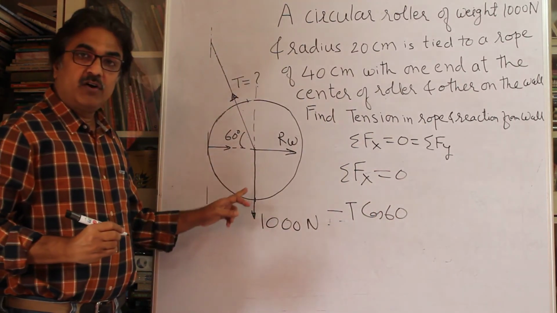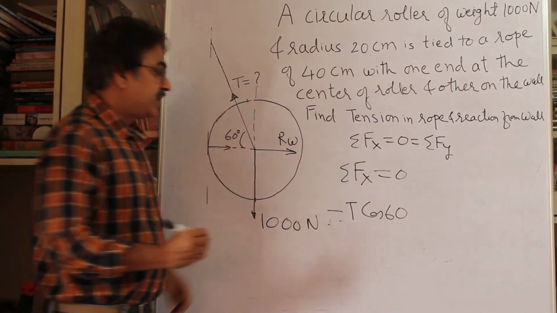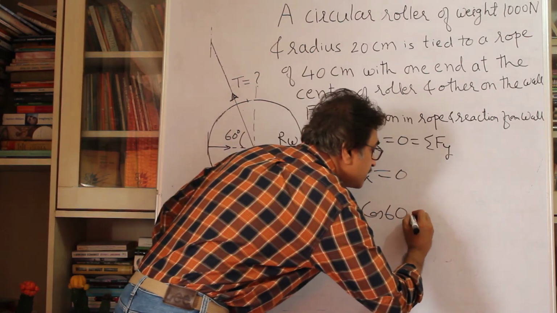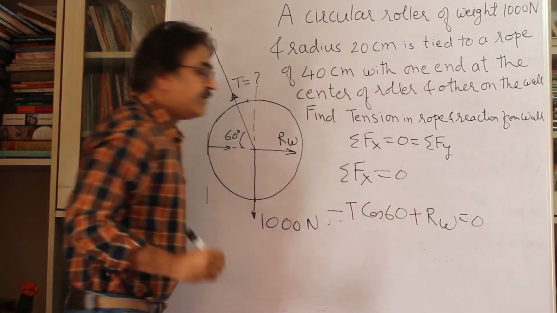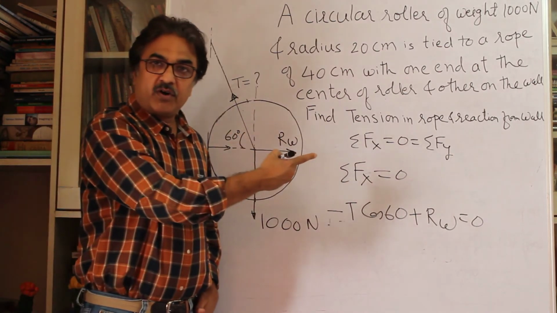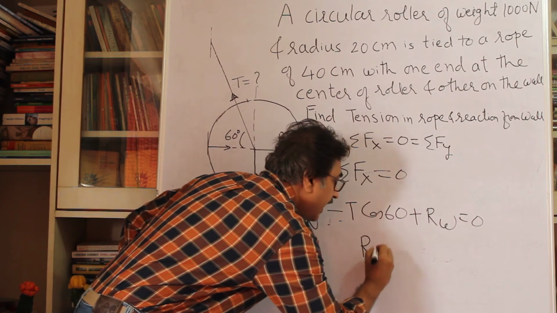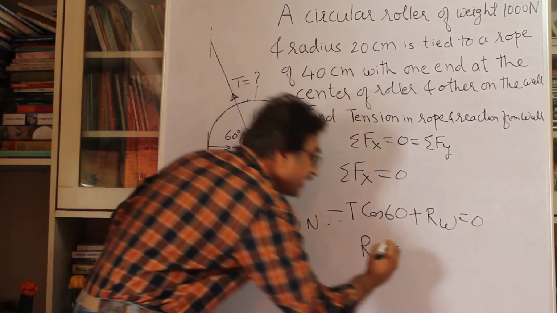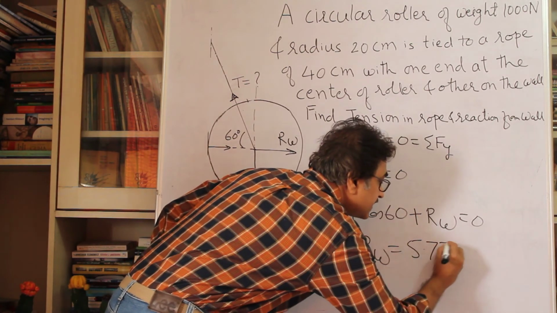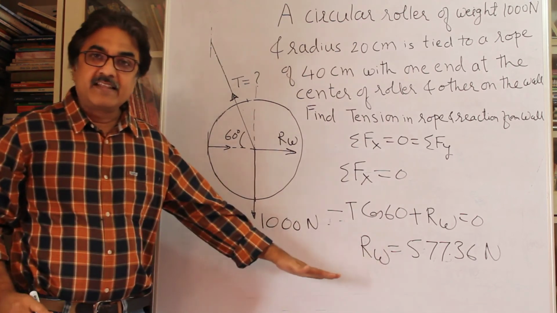The weight will have no bearing on the horizontal resolution. Towards right is RW. This is towards right, and so it is going to be plus RW is equal to 0. When you substitute the value of T, which we have found out in the initial step here, find out RW, and that RW will be 577.36. So that's your answer.